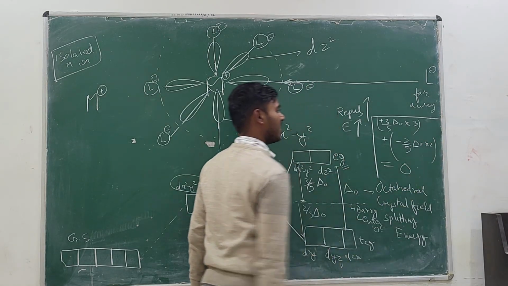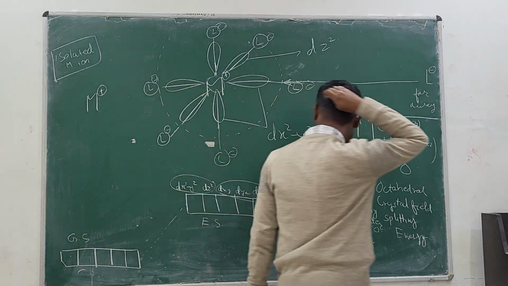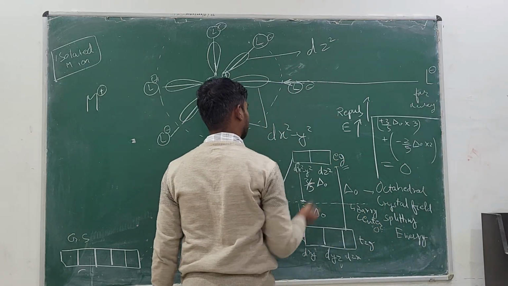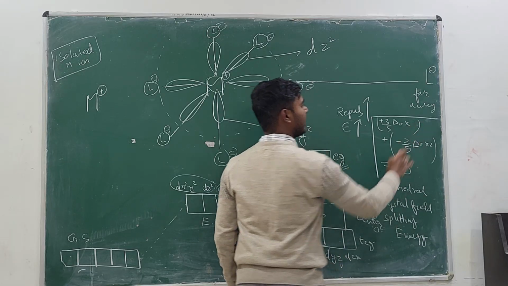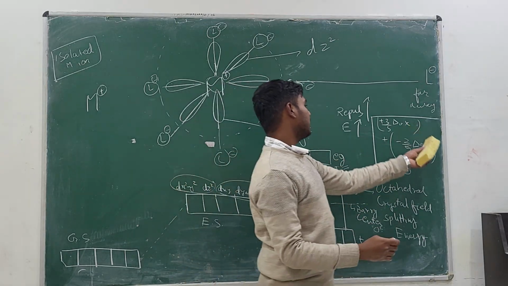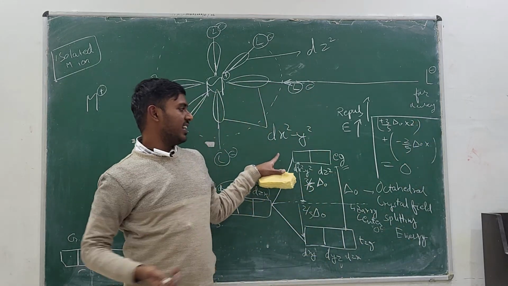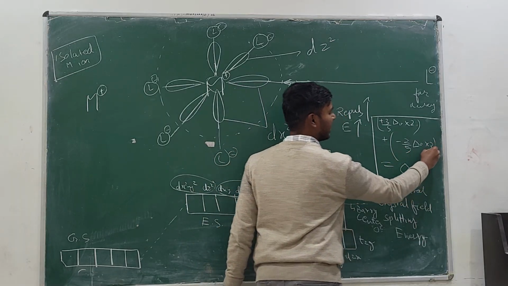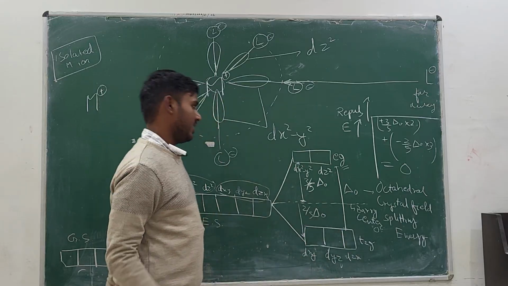This comes as 0. Sorry, I made a mistake here. This must be 2, because in Eg we have 2 orbitals, and in T2g we have 3 orbitals. Then this must be 3, and it will come to 0, which is our barycenter energy.